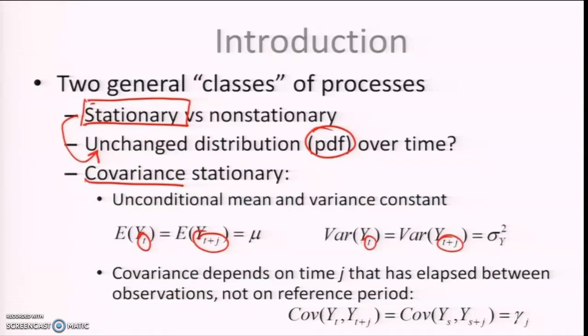Now regarding two different classes of processes, we may discuss stationarity and non-stationarity. The question is, what do we mean by stationarity and non-stationarity? You might have noticed in the earlier slide that the probability distribution function remained unchanged over time.